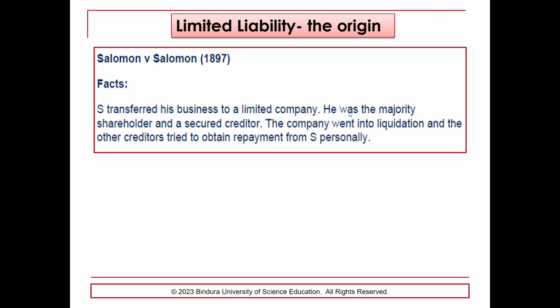When it went into liquidation, there were creditors that were owed money by Solomon Private Limited, and Solomon, as the starter of the business, was also owed money by the company. Because he had secured the loan against the assets of the business, he sold the asset of the business and started by paying himself first before paying all the other creditors.